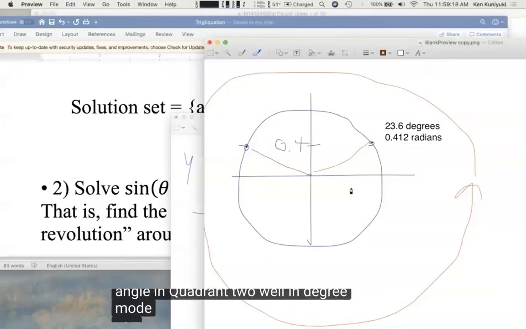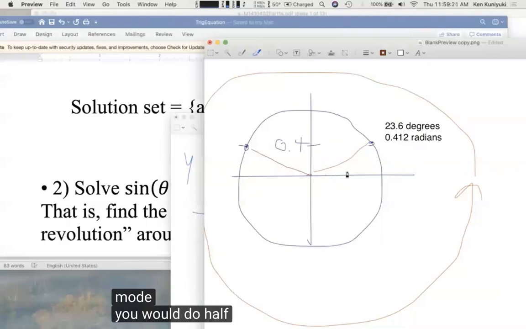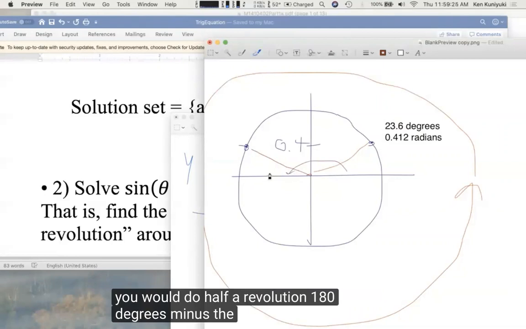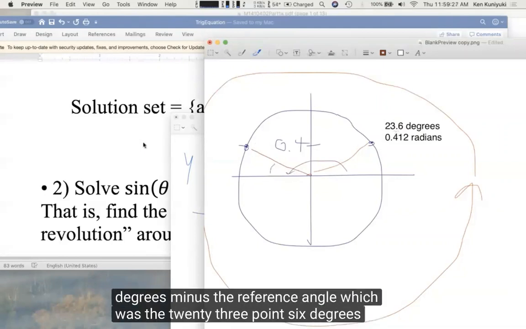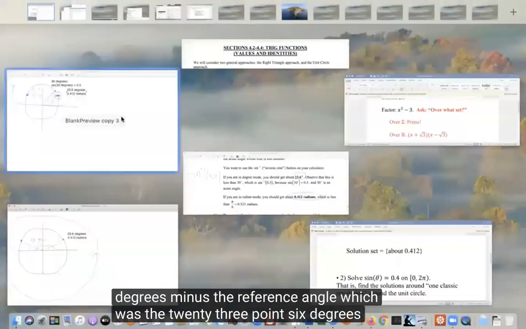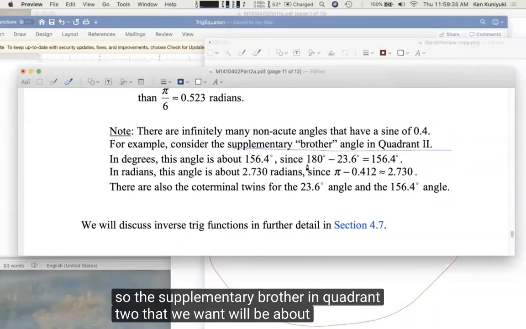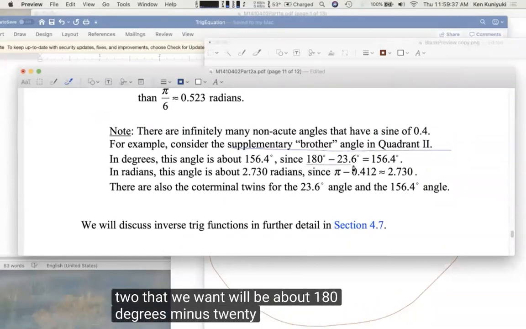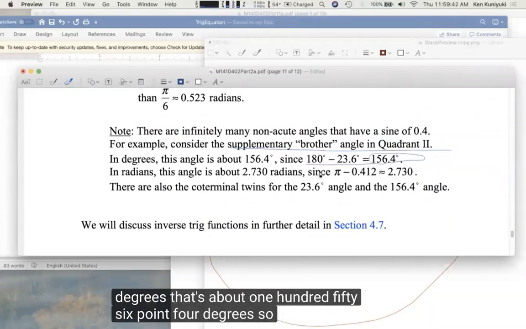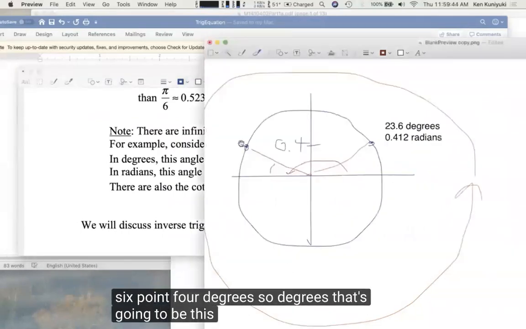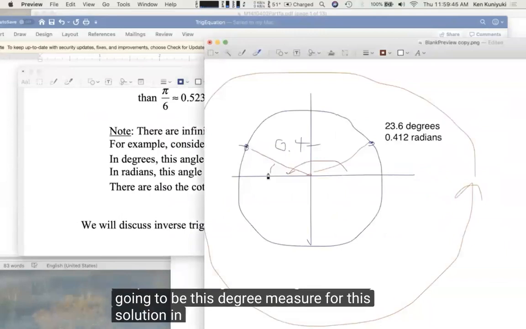Well, in degree mode, you would do half a revolution, 180 degrees, minus the reference angle, which was the 23.6 degrees. So the supplementary brother in quadrant 2 that we want will be about 180 degrees minus 23.6 degrees. That's about 156.4 degrees.